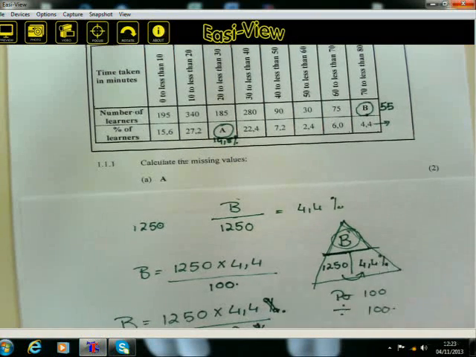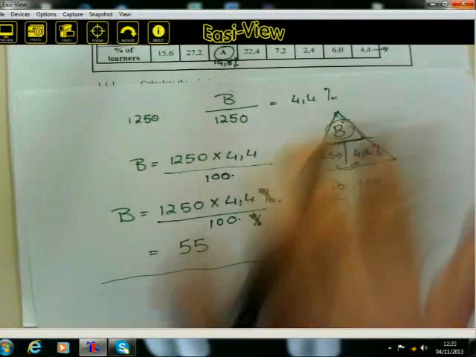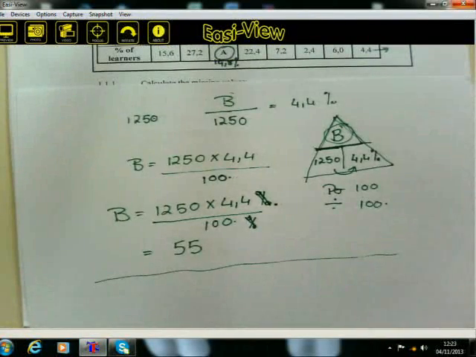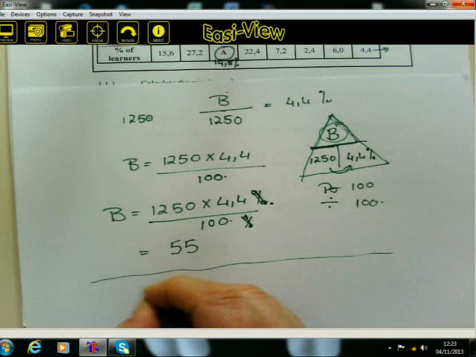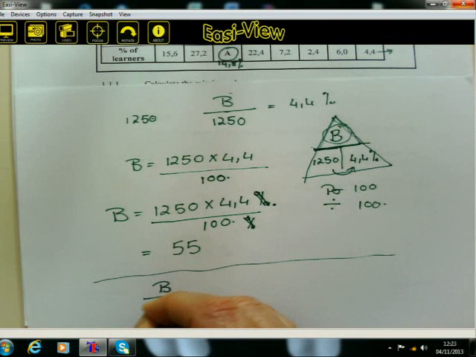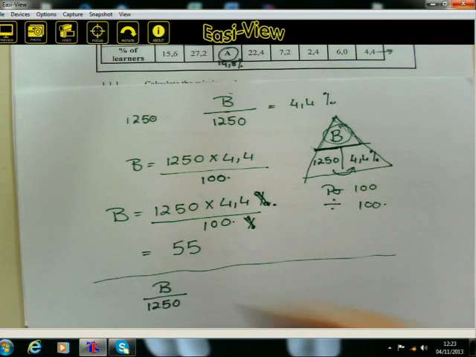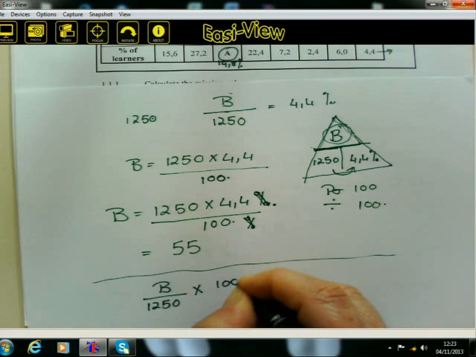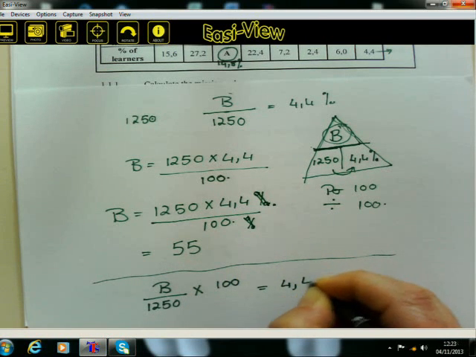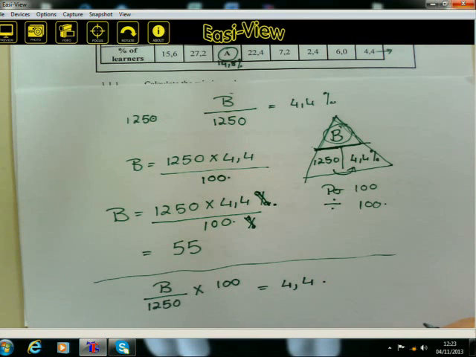Should you not want to use the formula there using the triangle, you could have said, remember, B out of 1250, out of the total, multiply by 100, gives me 4,4. Okay?